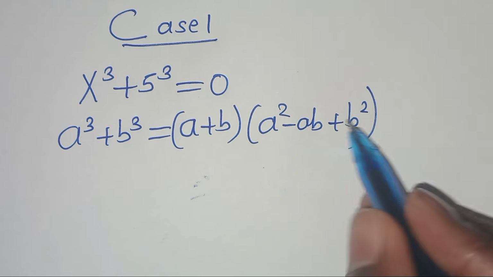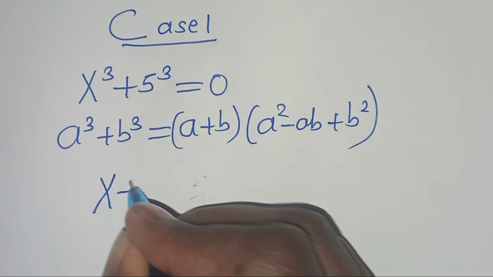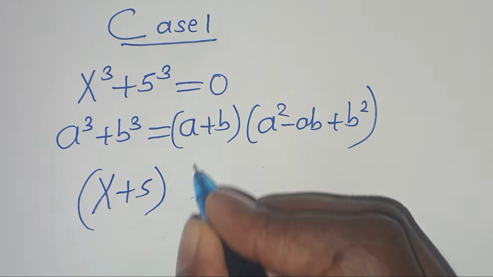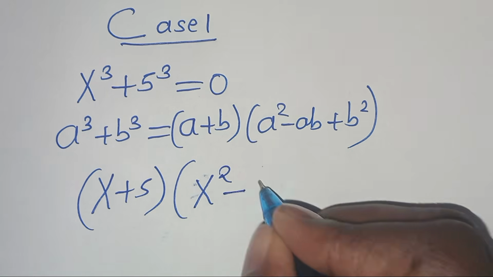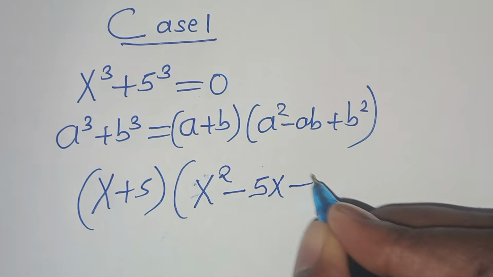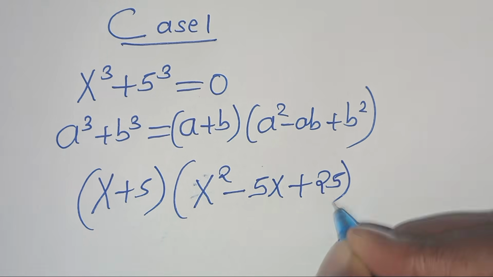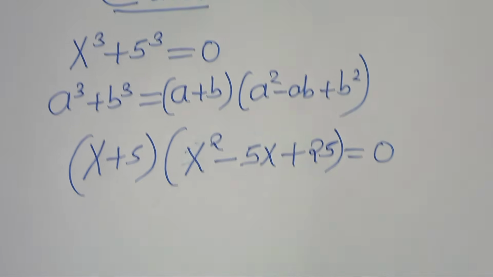Applying this identity, we have x plus 5, times x to the power of 2 minus 5x plus 5 squared, which is 25, equal to 0.